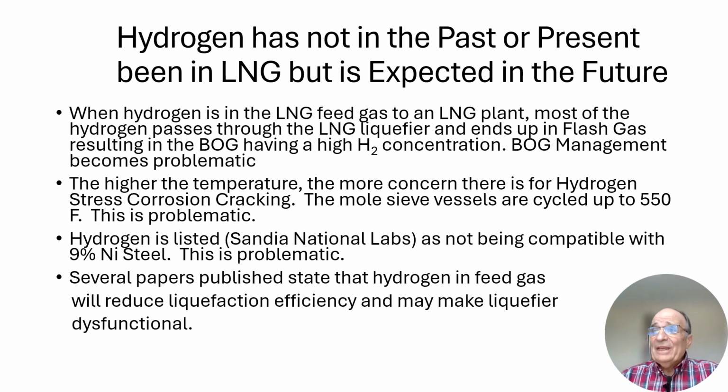That becomes problematic because what do you do with a stream that's, let's say, 50, 60% hydrogen if your gas system is not designed to handle that level of hydrogen concentration? The higher the temperature, the more concern there is of hydrogen stress corrosion cracking.